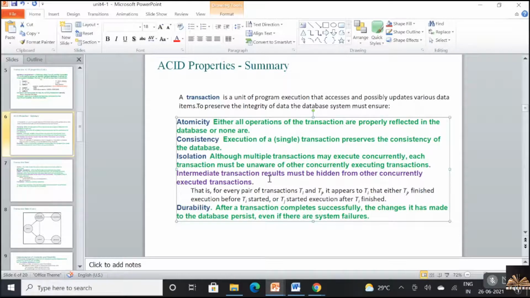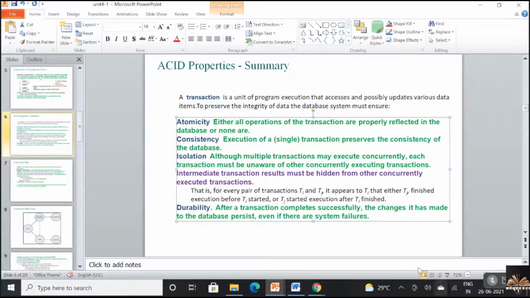Isolation: although multiple transactions may execute concurrently, each transaction must be unaware of another concurrently executing transaction. So, even though n number of transactions are running in parallel, each should be isolated from one another.